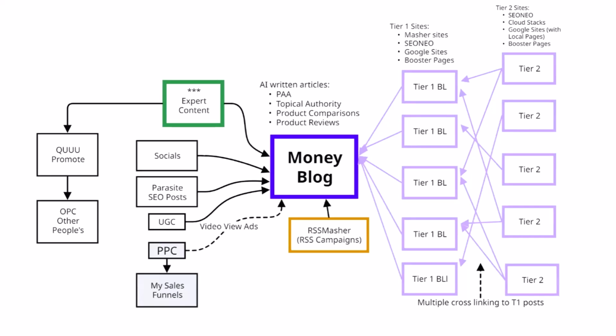Pay-per-click. We are doing pay-per-click ads into sales funnels. So the ads are sitting inside of Facebook or YouTube. Okay. But if you put a video onto your money blog, you can actually just do a promotion on Facebook that is a video teaser to talk about a blog post.